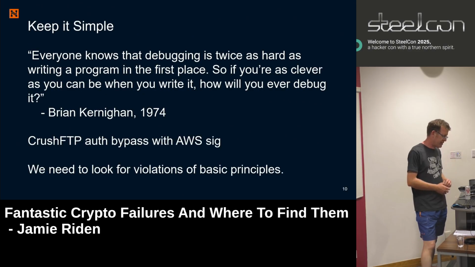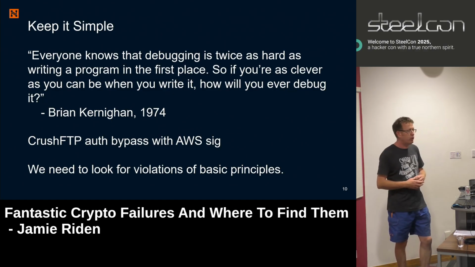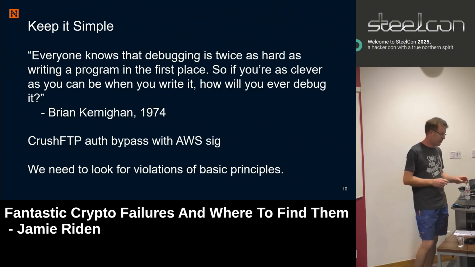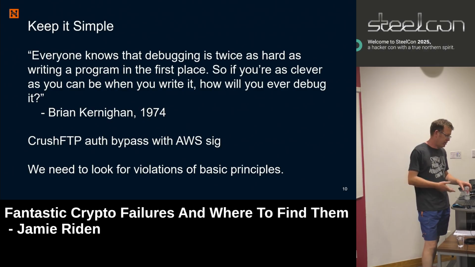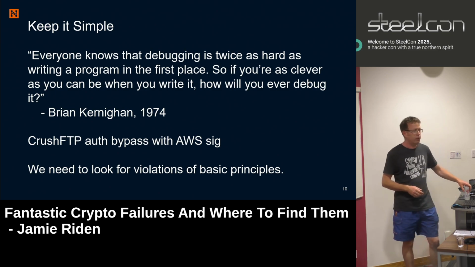And I think probably the last one is just keep it simple, because cryptography is quite complicated. If you try to make it overly complex, you're probably going to end up shooting yourself in the foot. And then there's the quote from Brian Kernighan, that debugging is twice as hard as writing the code.